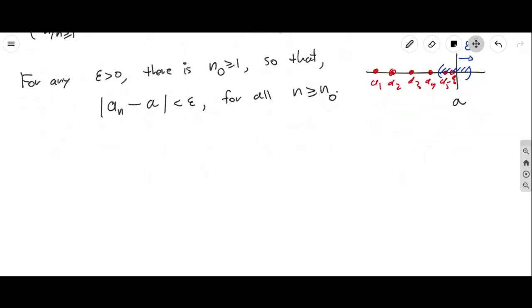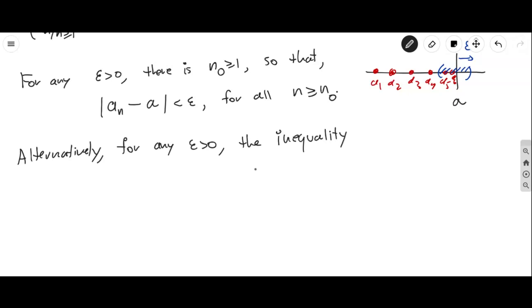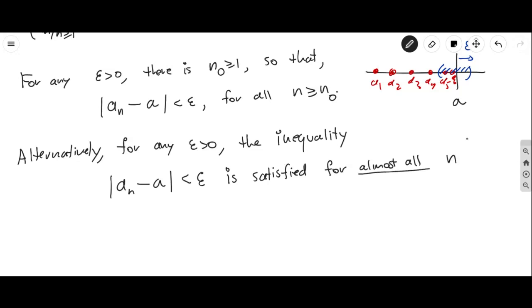Now, I'm going to rewrite this in an alternative way that would be convenient for us. Alternatively, we could also say that for any epsilon bigger than 0, the inequality that an minus a in absolute value is less than epsilon is satisfied for almost all n.